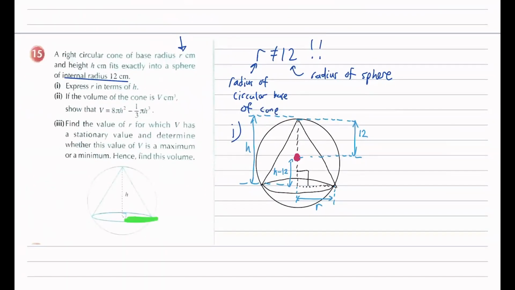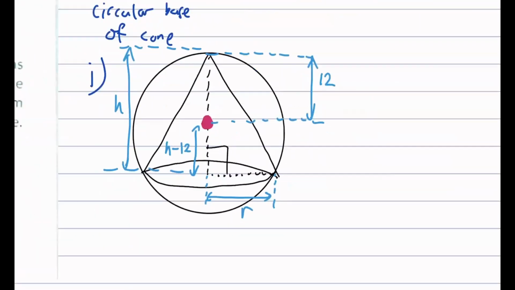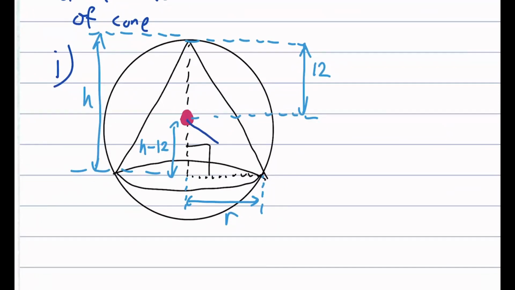Can you see a hidden right-angled triangle if you just draw a line from here to here? But wait, what is this length? It's from the center of the sphere to a corner of the cone. This is 12. Yes, it is.